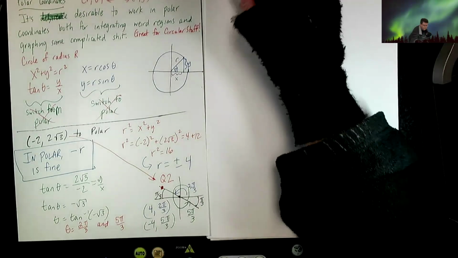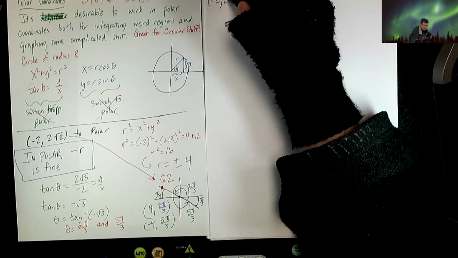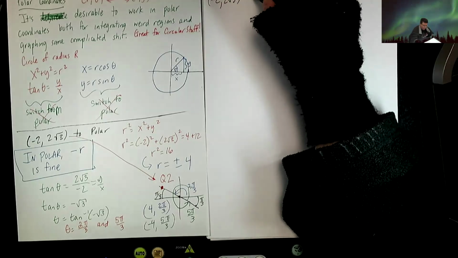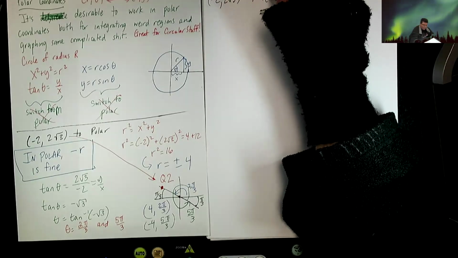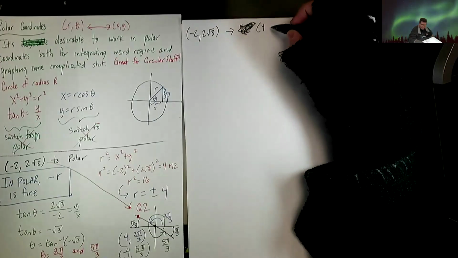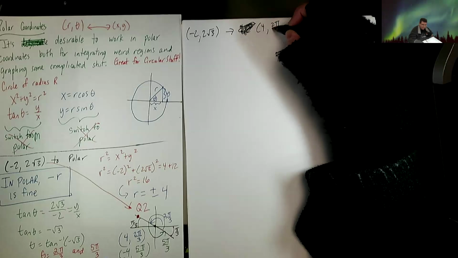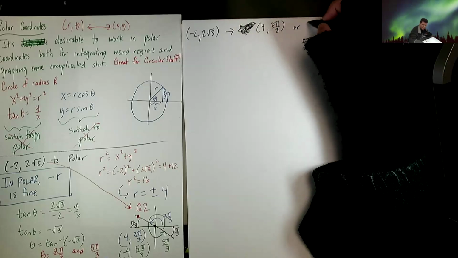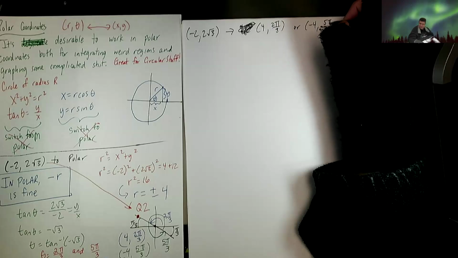So (-2, 2√3) switches to (4, 2 pi over 3) or (-4, 5 pi over 3).